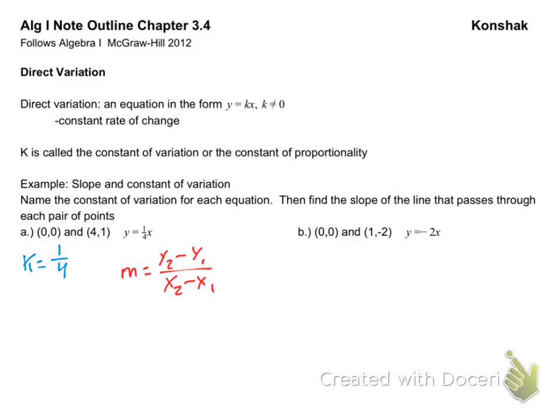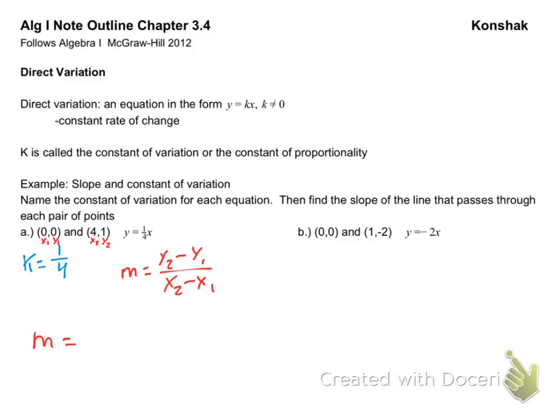So is it okay to call 0, 0 x1, y1? The next point is x2, y2. Doesn't matter though. It will not matter what order you go in as long as you keep it consistent. It's the change in y's over the change in x's. If we're putting the x's over the y's, there's a problem. We spent a lot of time doing slope and rate of change.